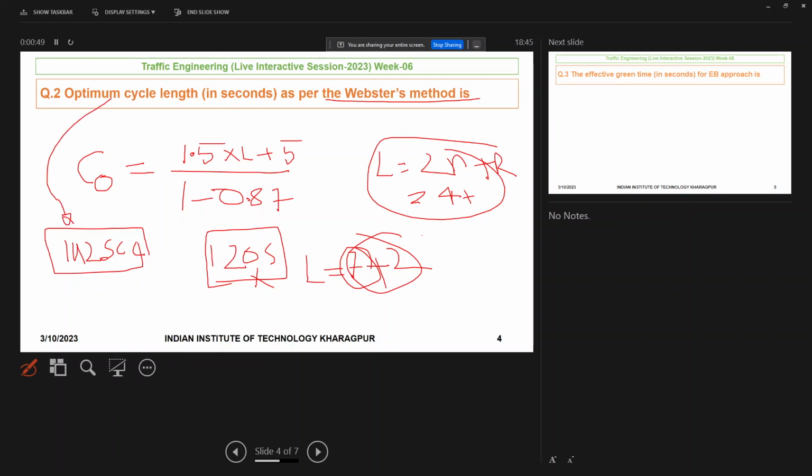Because in terms of lost time, we have to include the all-red time per phase.